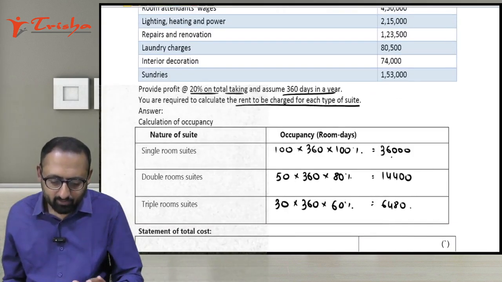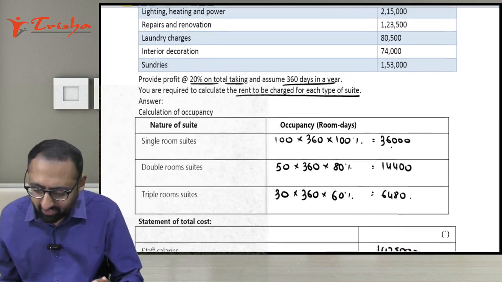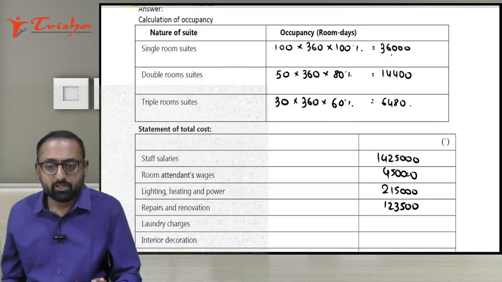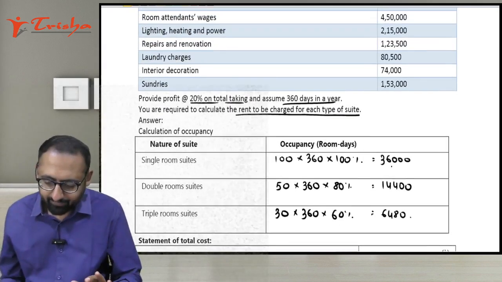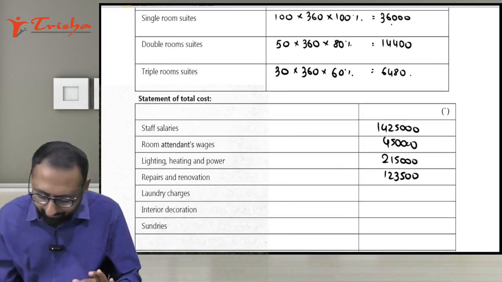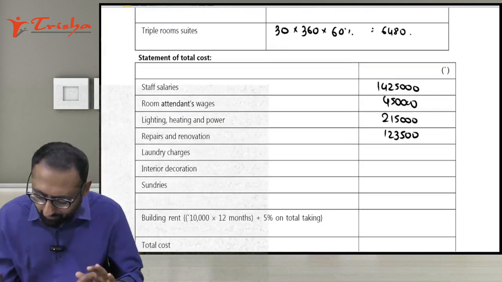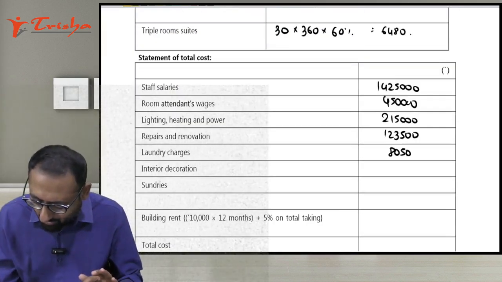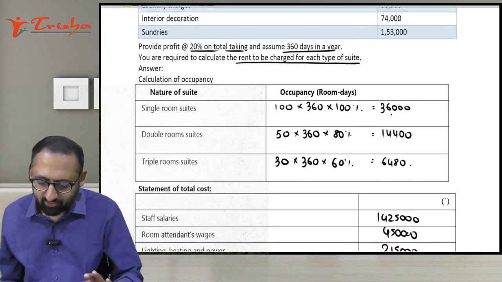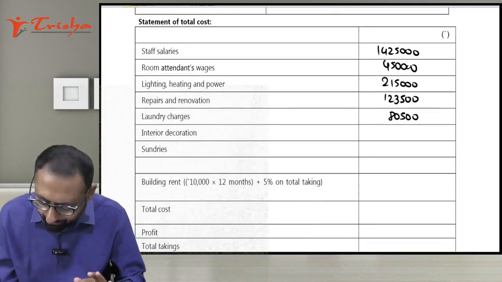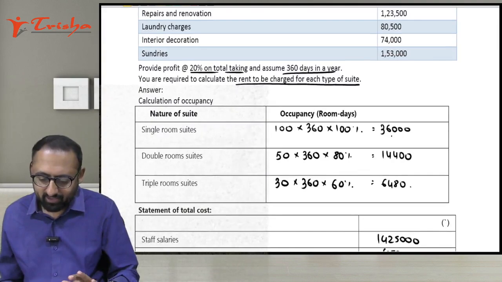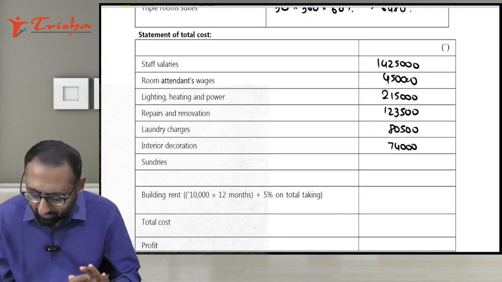Heating, power, repairs and renovation is 1,23,500. Laundry charges are 80,500. Interior decoration is 74,000. Sundry cost is also given in the question: 1,53,000.